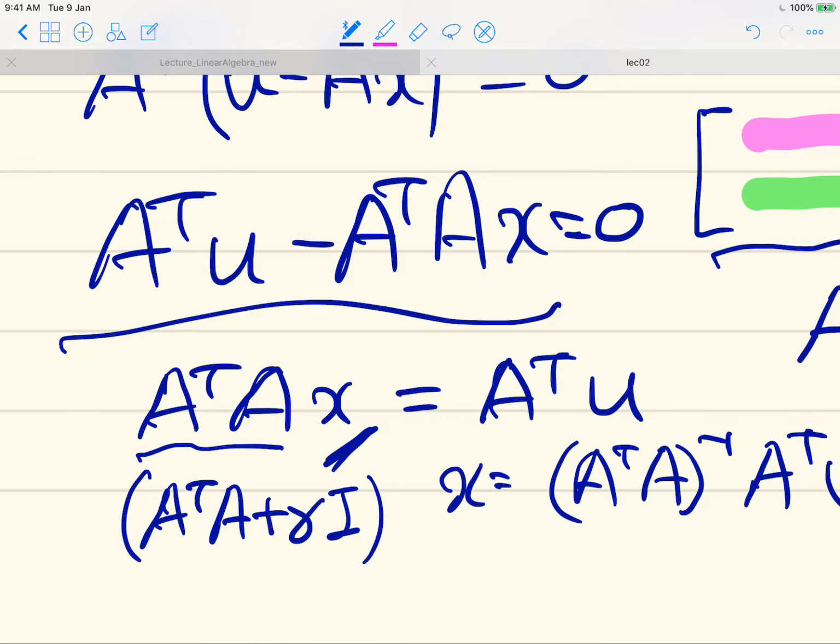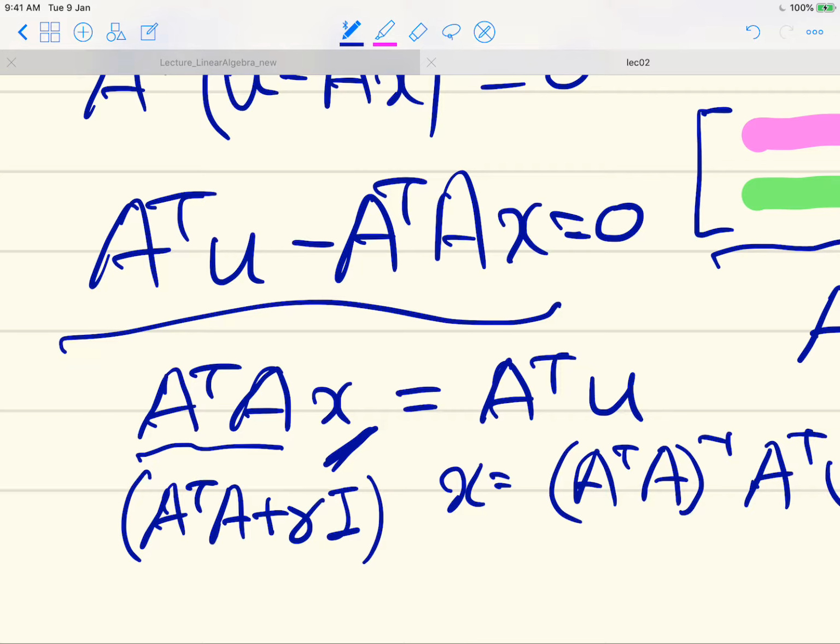For some particular gamma value it could become non-invertible, and that is also related to eigen decomposition. But in general, if we just add gamma I, it will likely make your matrix invertible.